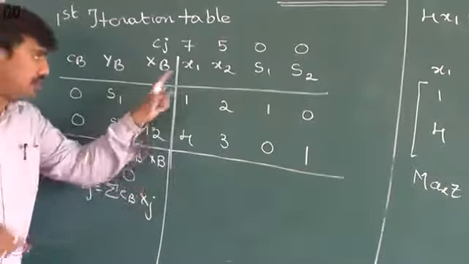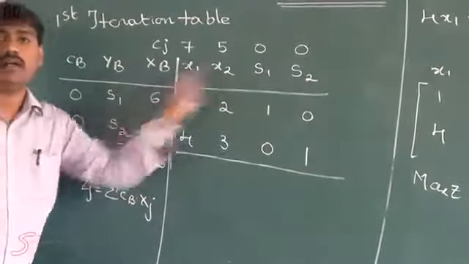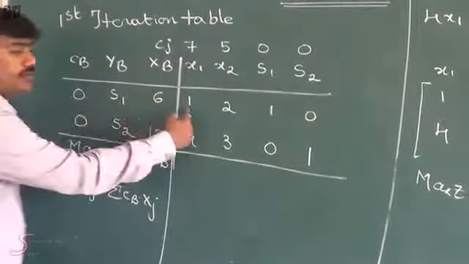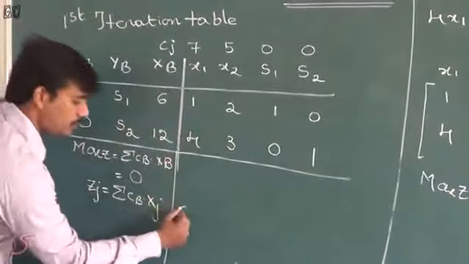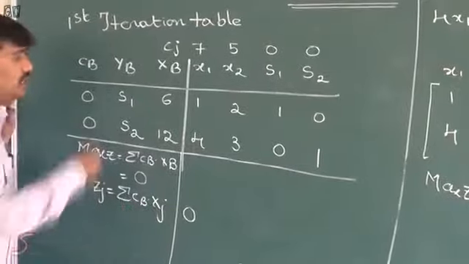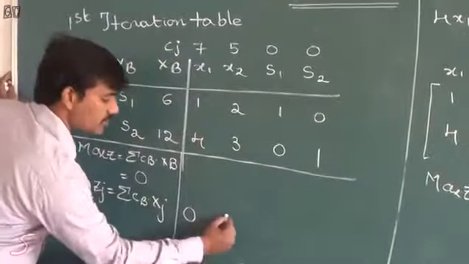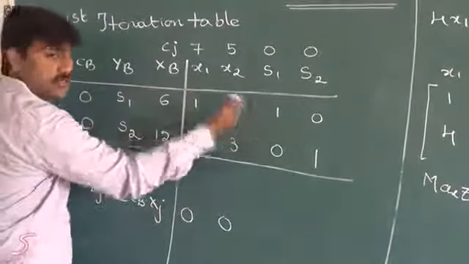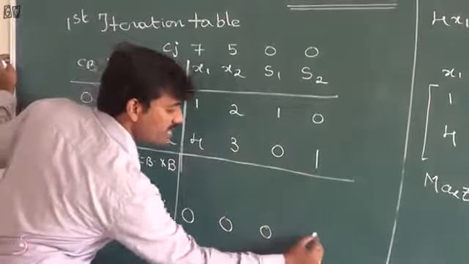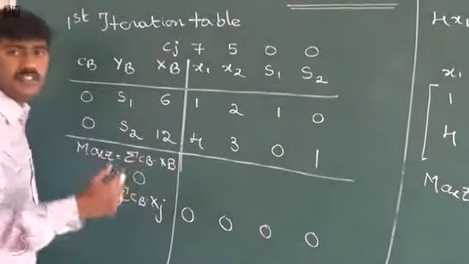If I put j equal to x1 and x2, that is 0 into 1, 0, plus 0 into 4, obviously 0. Then 0 into 2, 0, plus 0 into 3, again 0. And again 0 into 1, 0.